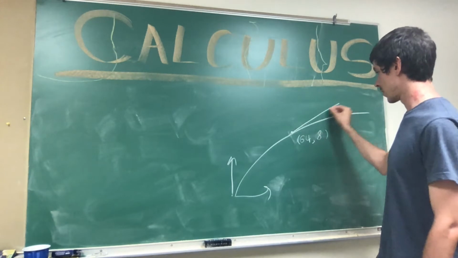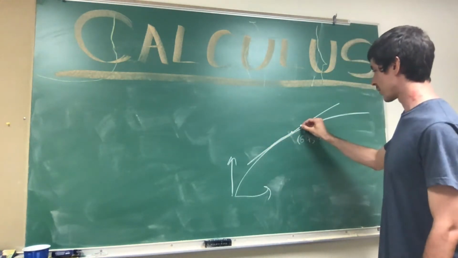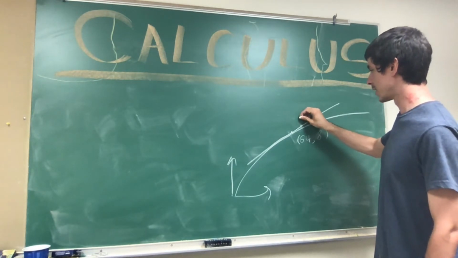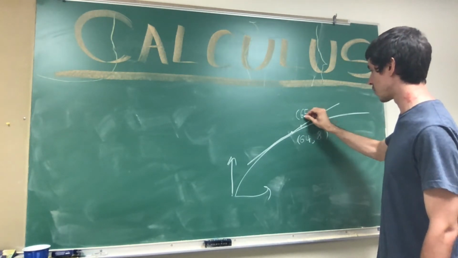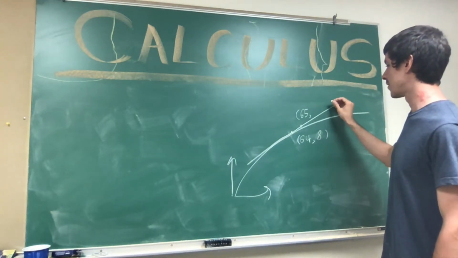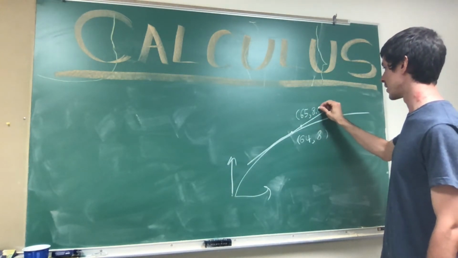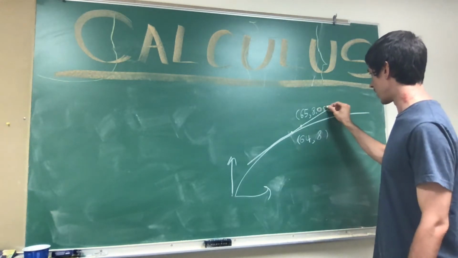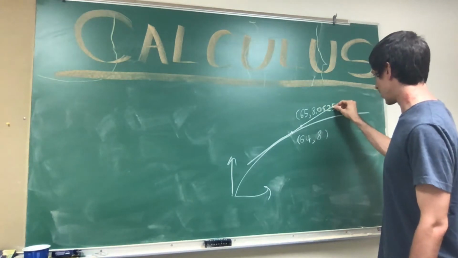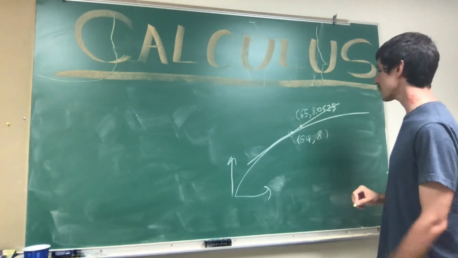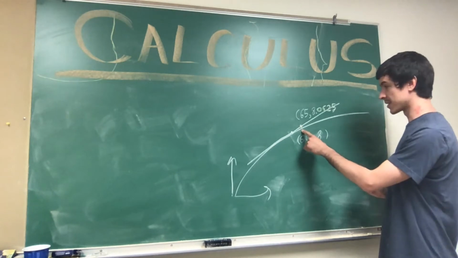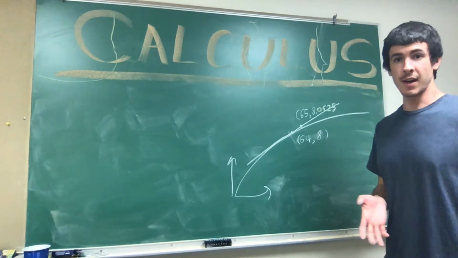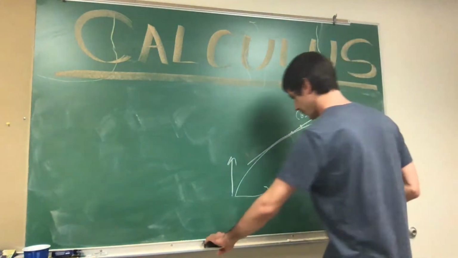So what we've done is we've evaluated 65. This point on the tangent line is 65 and 8.0625. It's this point right here. And that's approximately the same as what's on the graph. So that's what we've just done, interpreted visually.